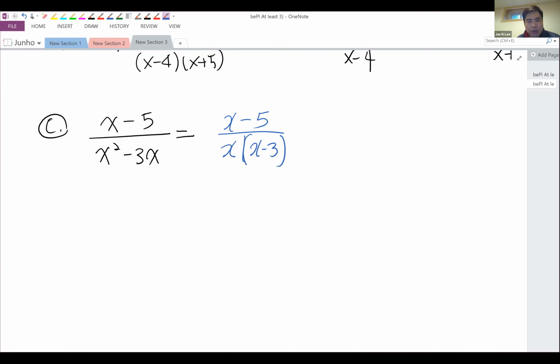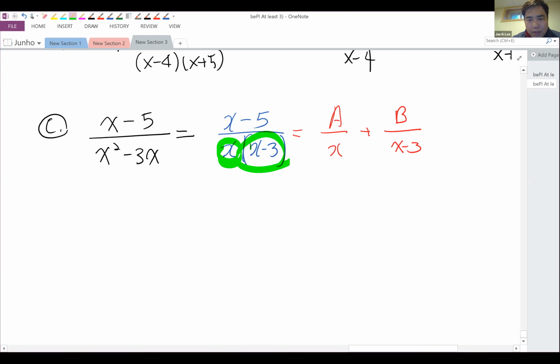So after factoring that, it comes out to x times (x minus 3). So this one you can rewrite as A over x plus B over x minus 3. Because we have two factors in the denominator, this and this. That's the reason we can rewrite it like that.